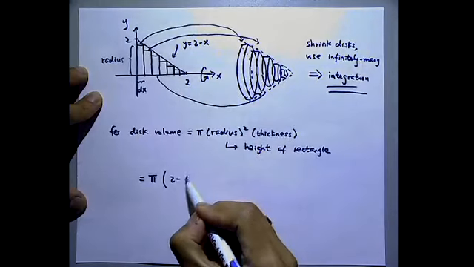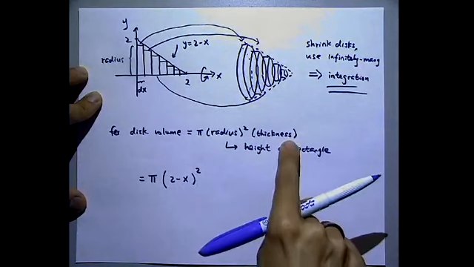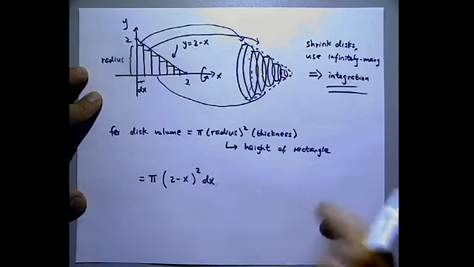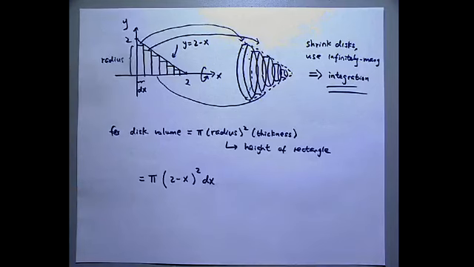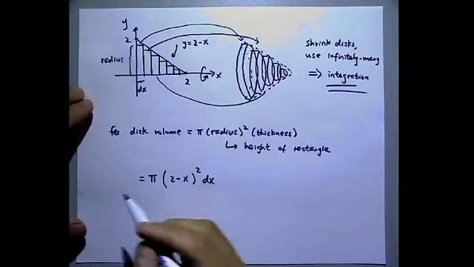So (2 minus x) quantity squared. Thickness is dx. So that's one disk, any arbitrary disk inside that triangular region. And then we have infinitely many of these guys. So we want to sum all of them.